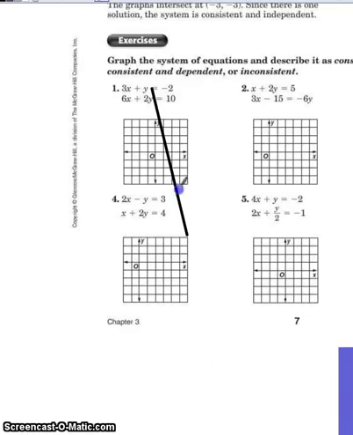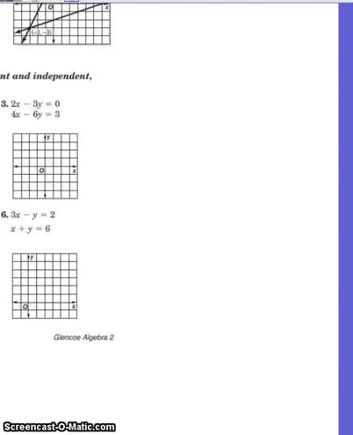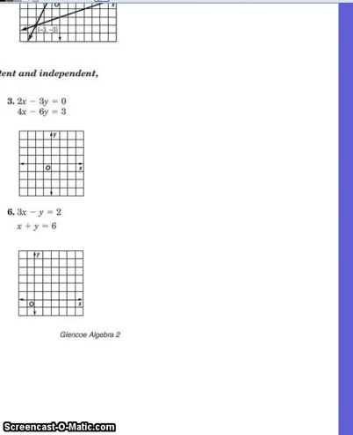Okay. So now we're going to work number 3. I know that I got to get y by itself, correct? So I'm going to have negative 3y equals negative 2x plus 0, right?